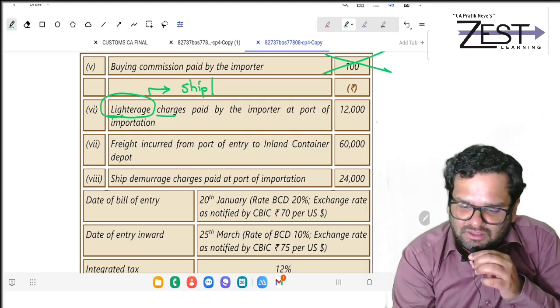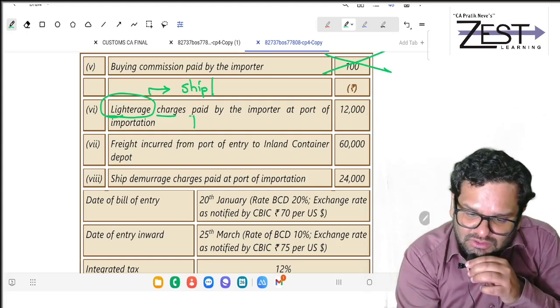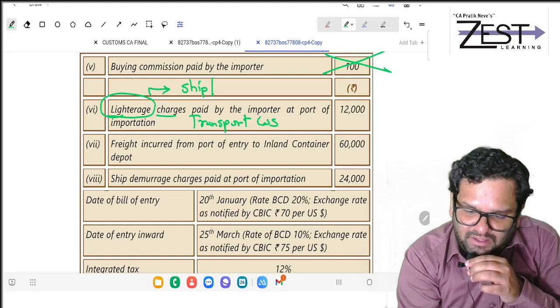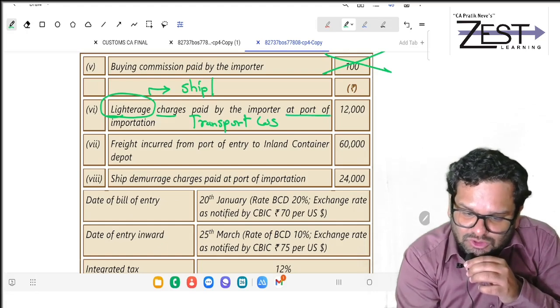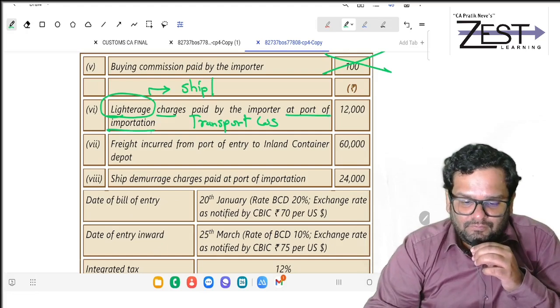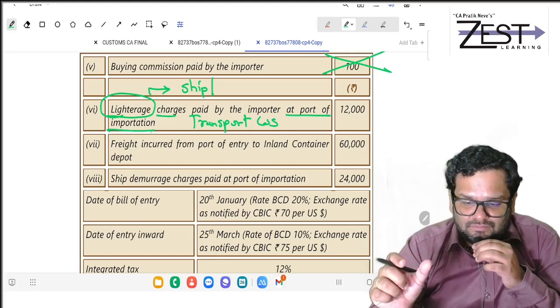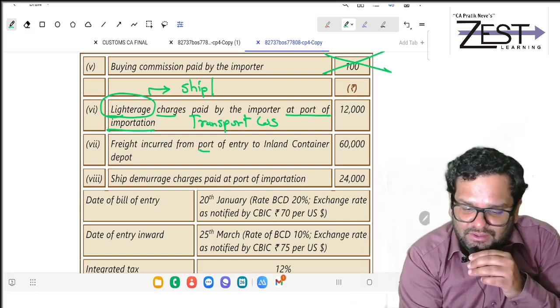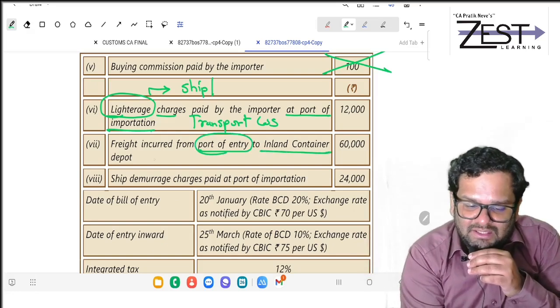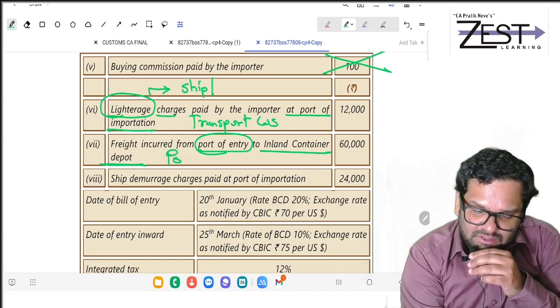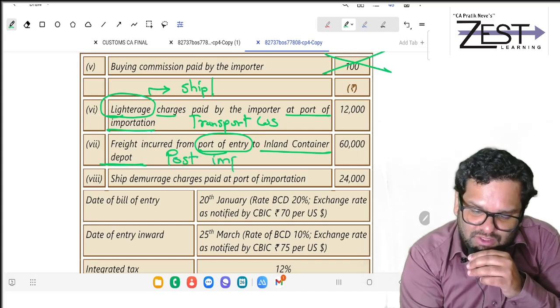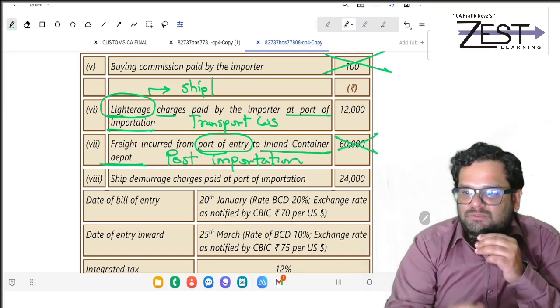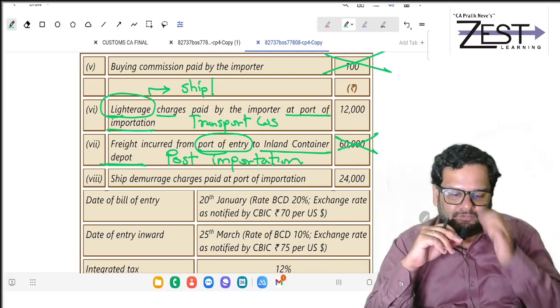Such a thing will be part of your transport cost because it is paid by the importer at the port of importation. Freight incurred from port of entry to the inland container depot: the goods have already entered the port, so this is post importation, and post importation expenses will be neglected.